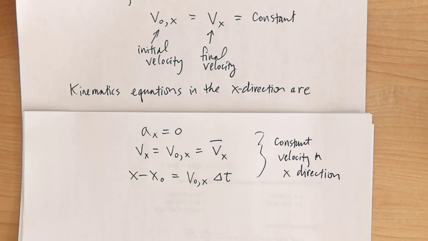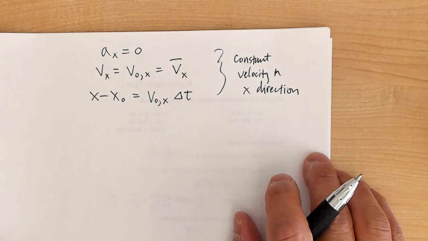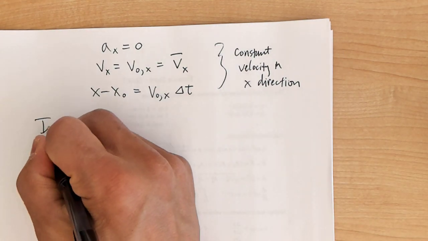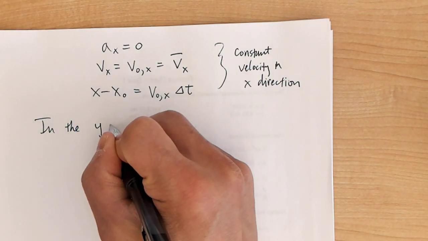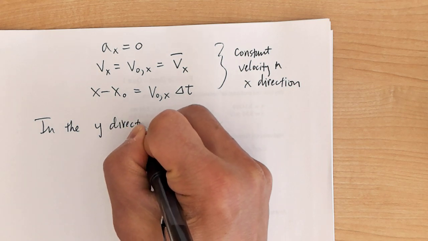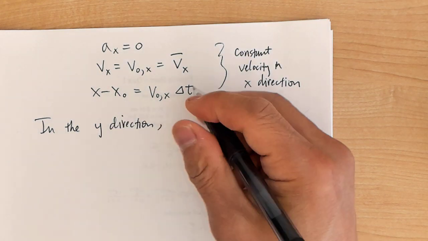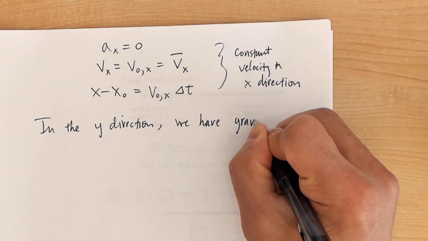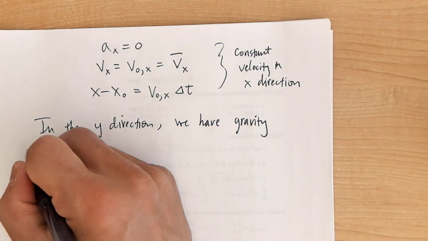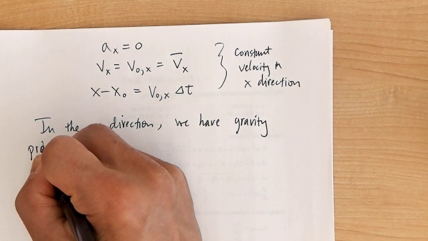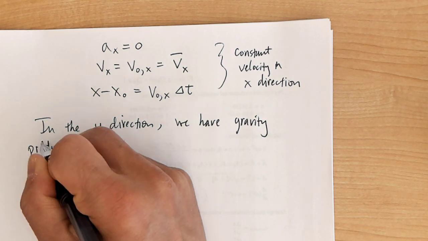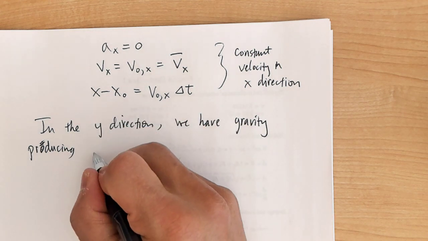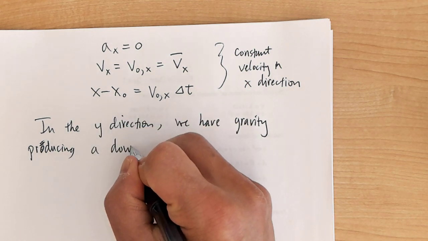Now in the y direction, things are more complicated. In the y direction, we have gravity on the surface of the Earth, producing a downward acceleration.